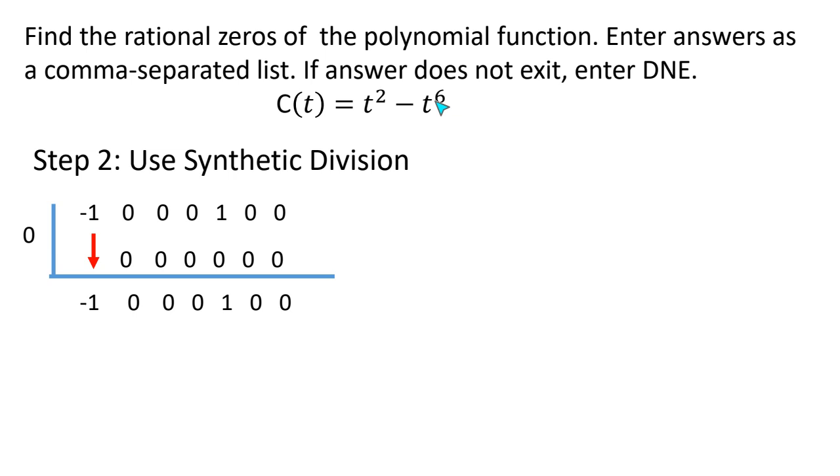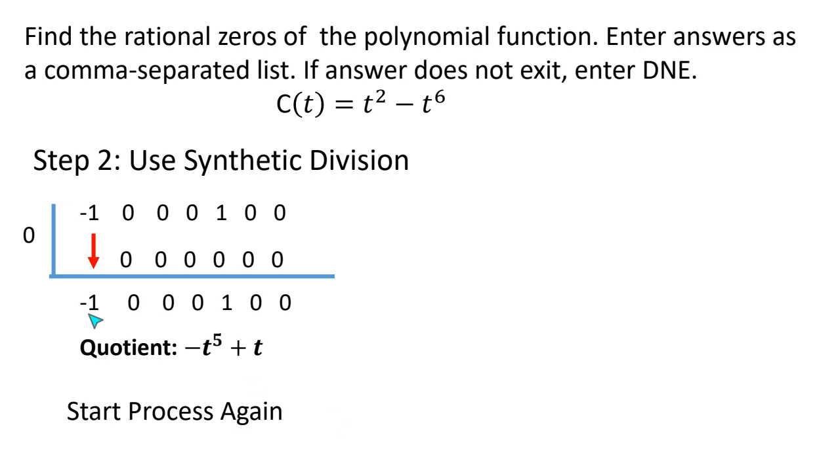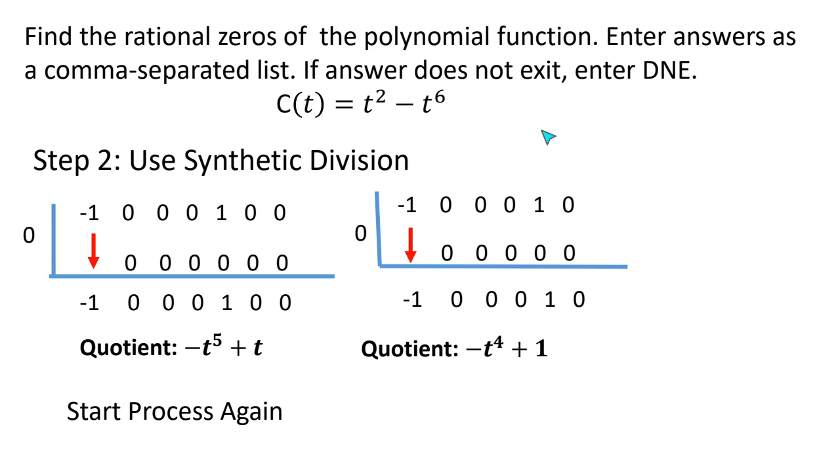Since your degree was 6, then you're going to start with a degree of 5. Okay, so -1 is going to be -t to the 5th. This would be t to the 4th, t cubed, t squared. So the 1 is going to be a t, and then we have our constant. So to continue, we start the process again.